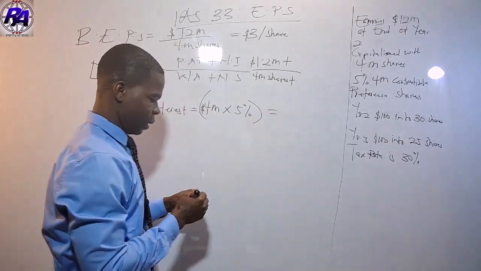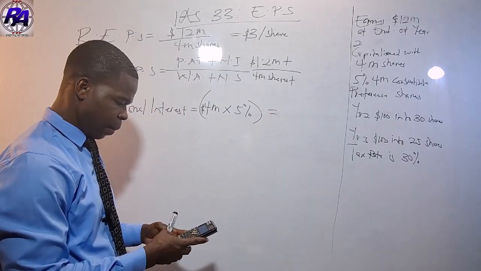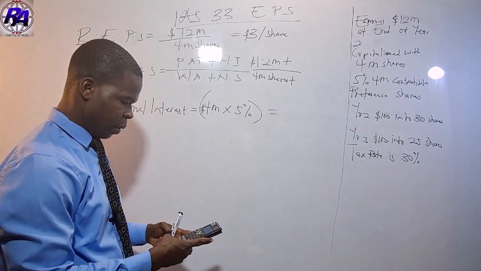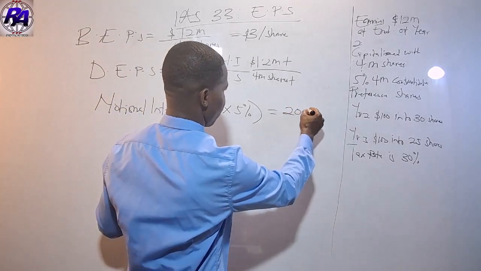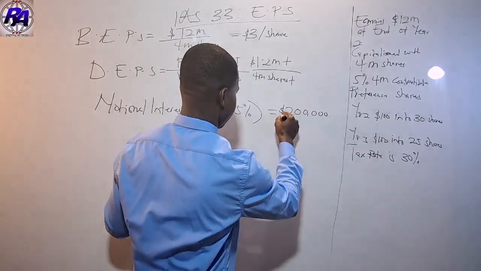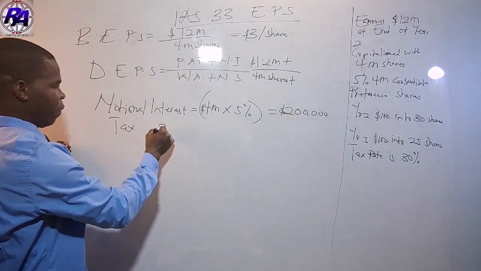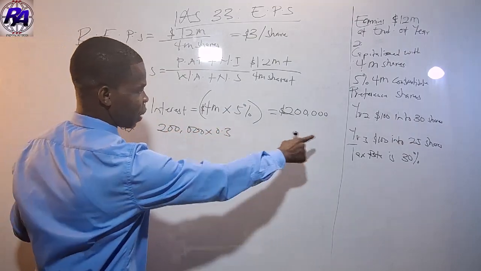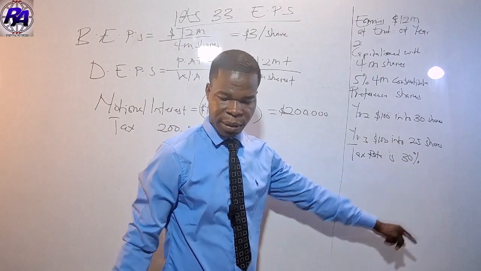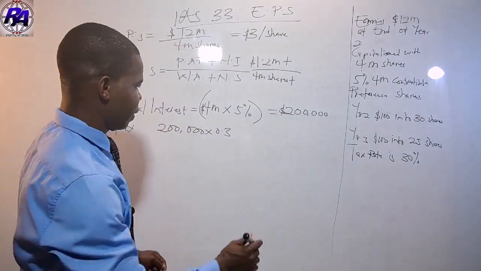So 4 million times 5% gives us $200,000. Then we take our tax away: 200,000 times 0.3, because our tax rate was 30%. That gives us 60,000.